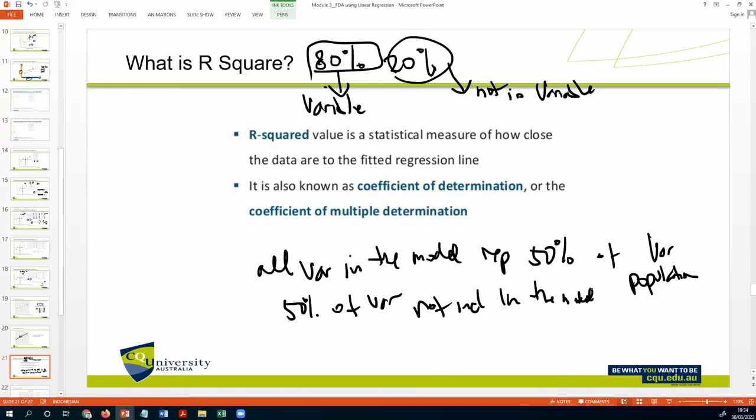For marketing, supposedly around 70% or 60%. But for finance, supposedly around 80%. So it depends on the field. If it is consumer behavior, 50% is strong enough.